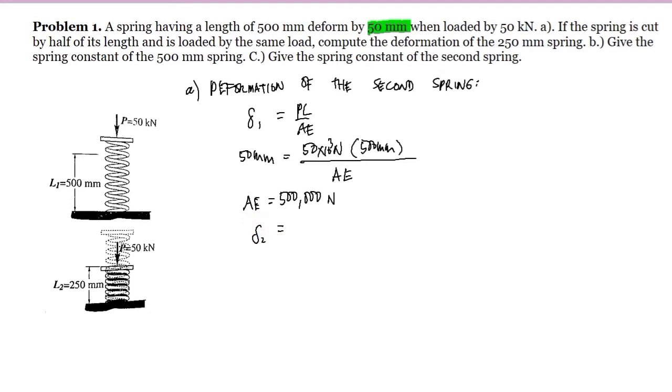And we have the elongation for the condition of the second spring. So we have δ2 equal to P2 L2 over AE.